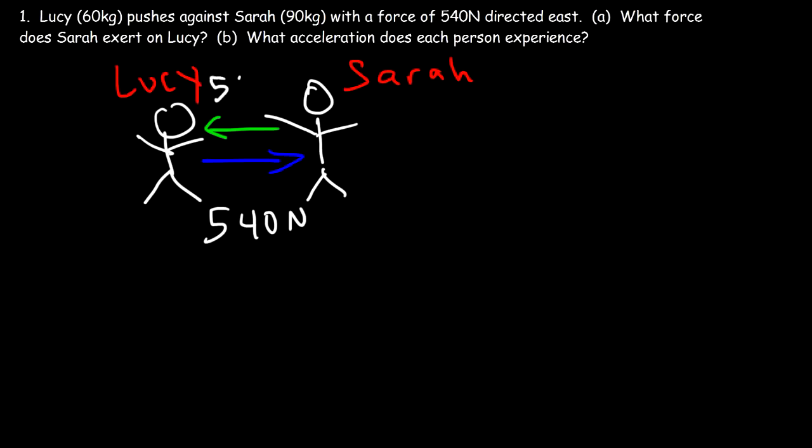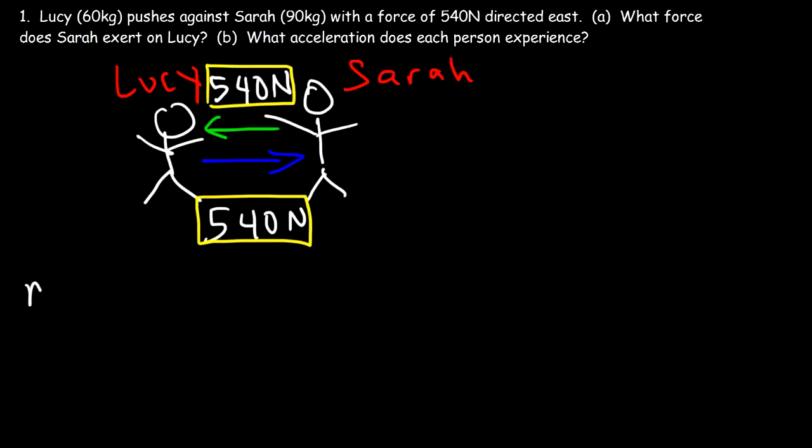So Sarah is going to push against Lucy with the same force of 540 newtons directed west, while Lucy pushes against Sarah with 540 newtons directed east. So what you need to take from this is that the forces have to have the same magnitude, but they must be opposite in direction.